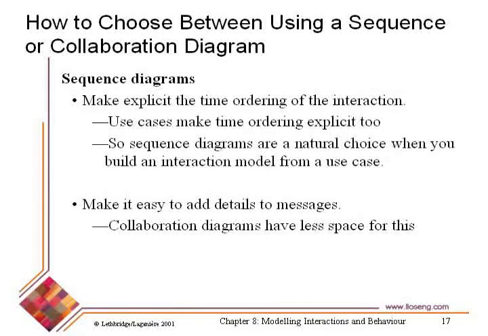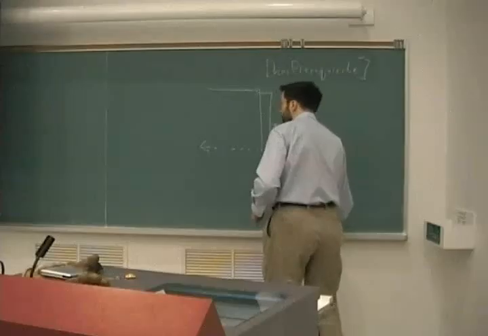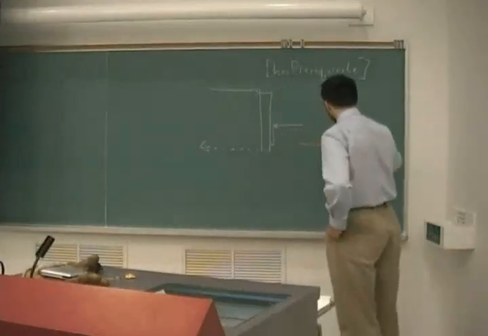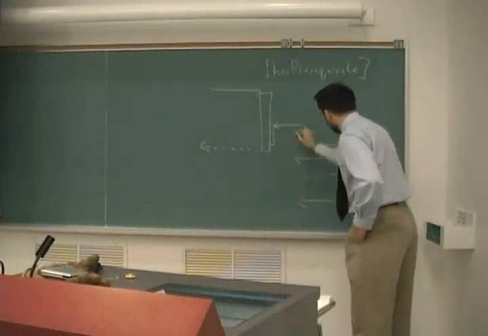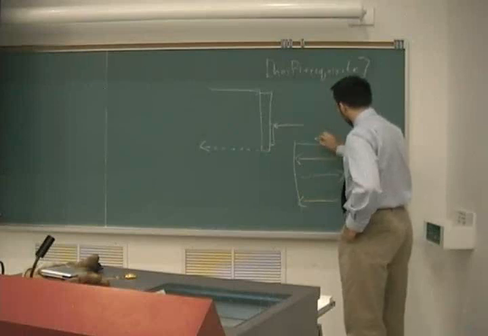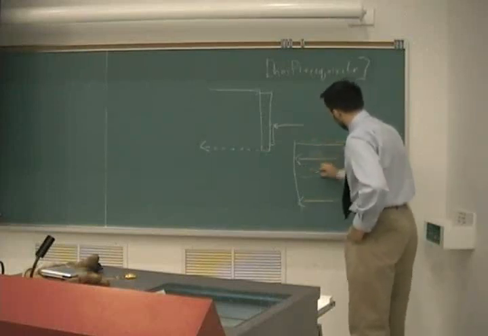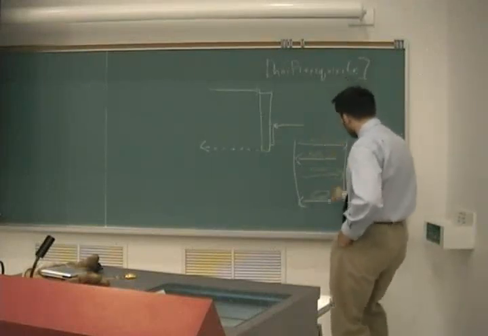Sequence diagrams also have more space. Because they take up more screen real estate or more space on the page, they have more space for details of messages. You can imagine that if you're sending messages backwards and forwards between the same two objects over time, so you've got some message descriptions here and here and here. On a sequence diagram, you've got space to do that.